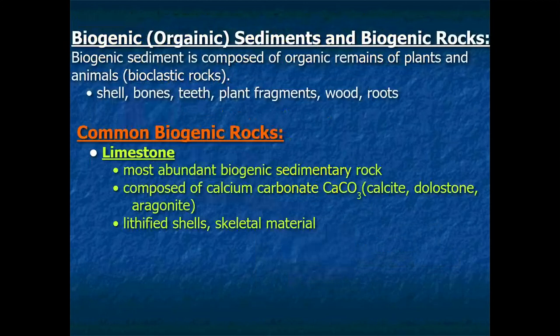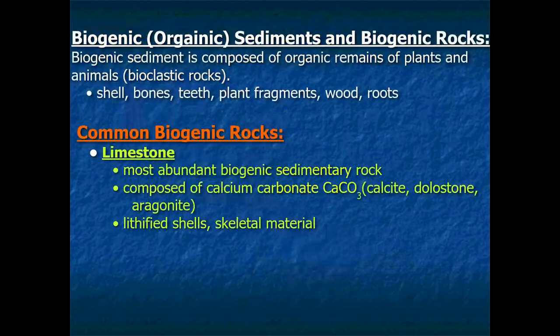And you're probably thinking, wait a minute, did you not just show me a limestone in the chemical sedimentary rocks? And the answer is yes. But in this case, the limestone is going to have some type of organic material associated with it, therefore putting it into the organic rock.